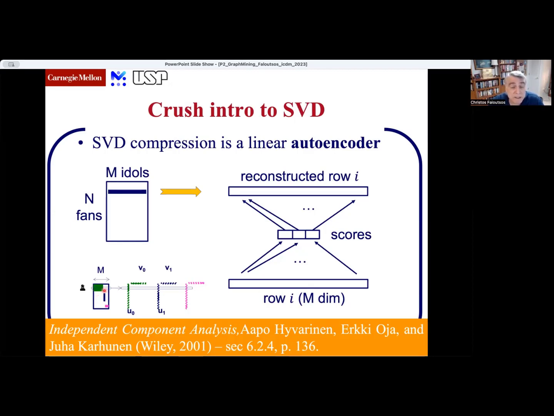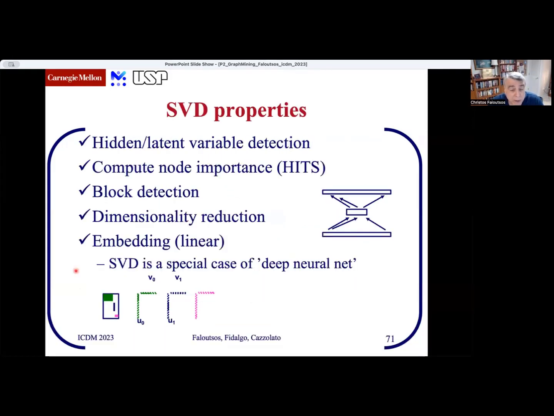So if we do SVD here, every row, which is an m-dimensional vector, is represented by a 3-dimensional vector here. This will be exactly the 3 values that this row will correspond to after we do linear autoencoder. So SVD is a special case of a neural network. It's actually a shallow neural network with linear units.